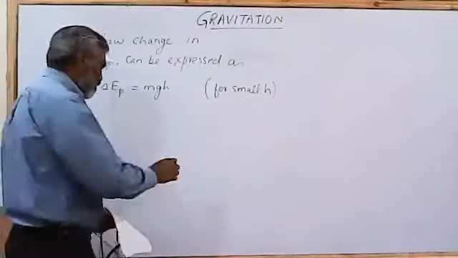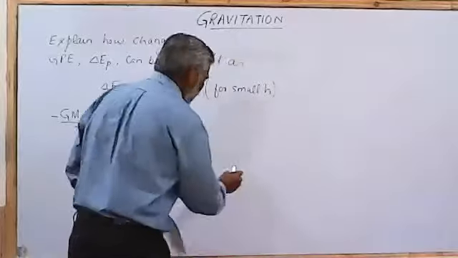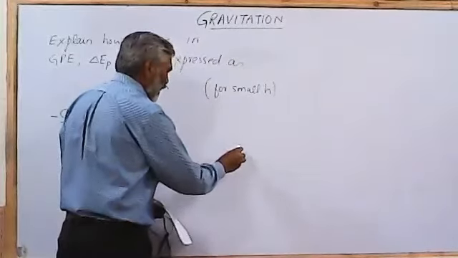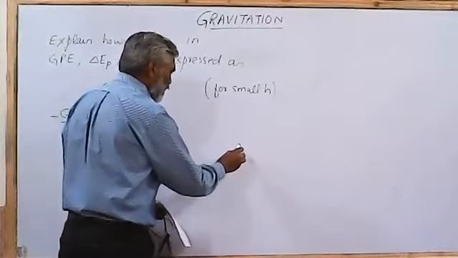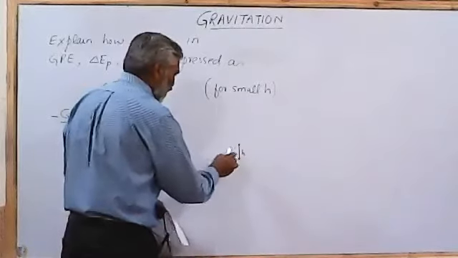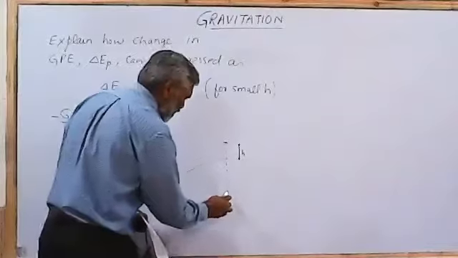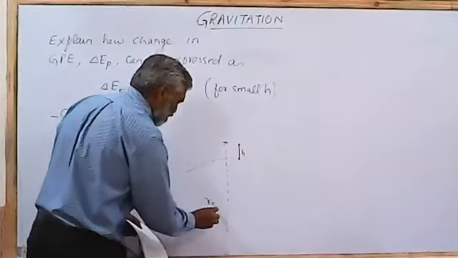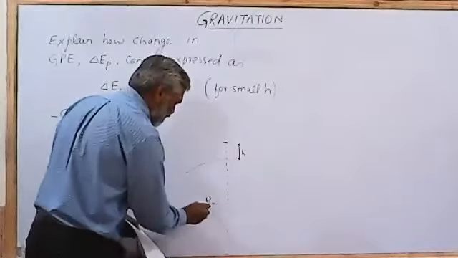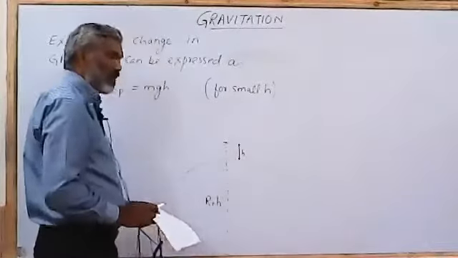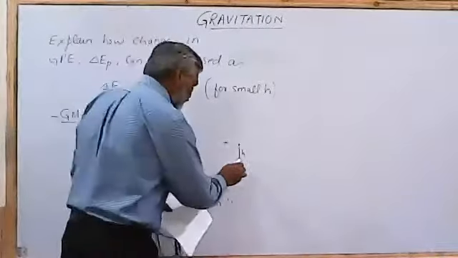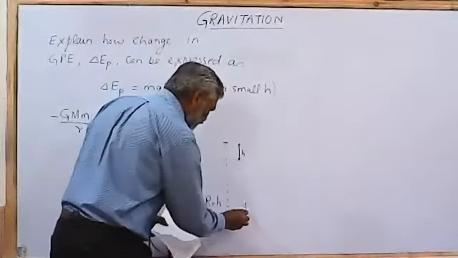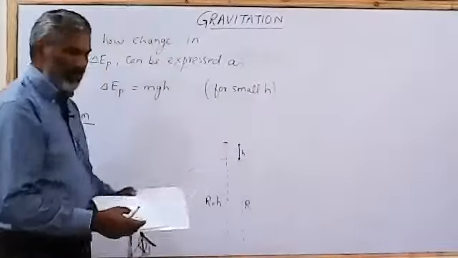If we are initially at the surface of the earth and a mass is lifted through a small height h and carried to a new position which is at a distance capital R plus h from the center of the earth, and this was its initial position, which is obviously equal to the radius of the earth.